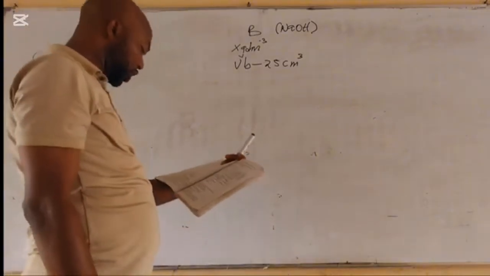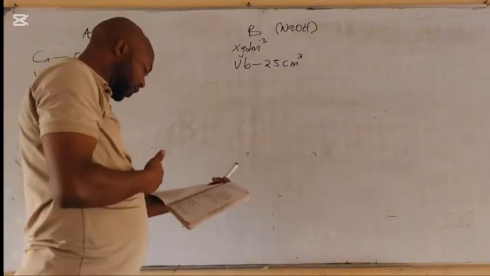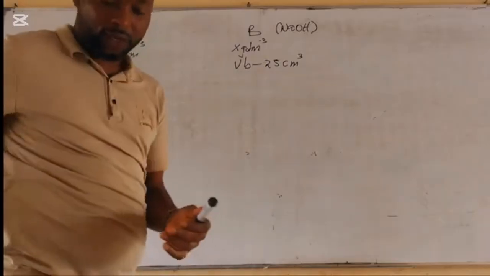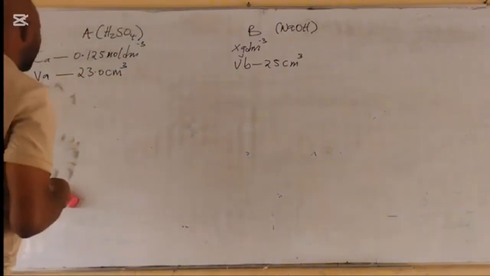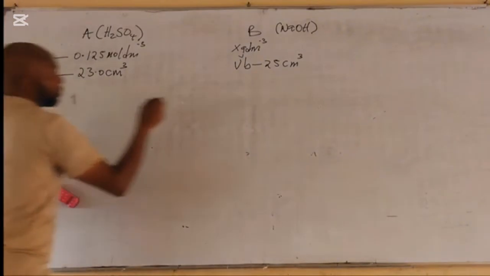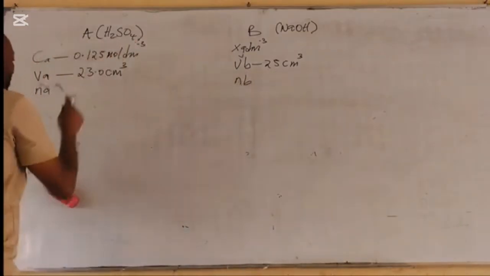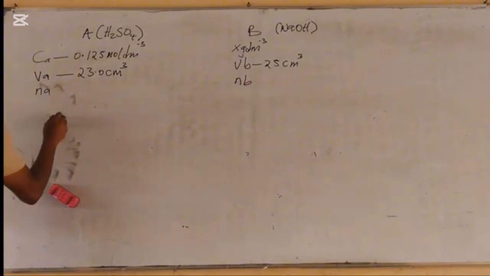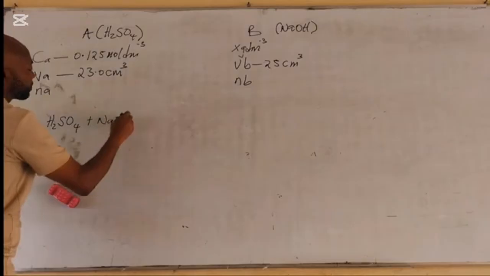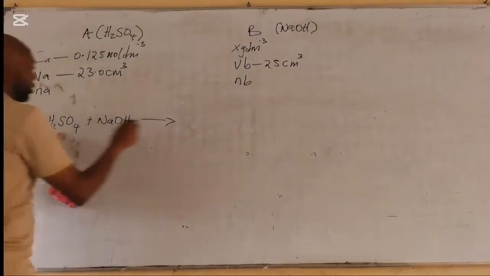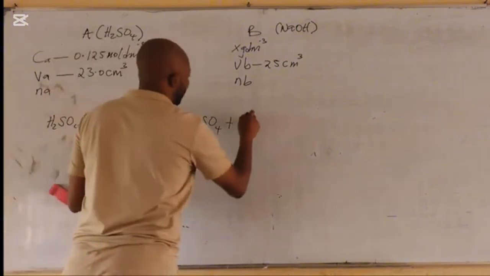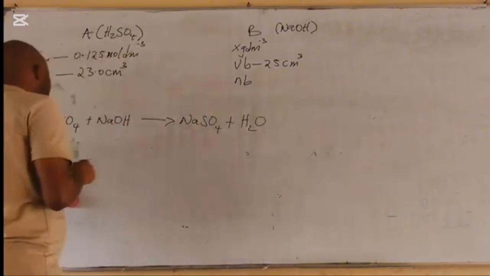Now, the equation for the reaction involved in the titration is given. So we should calculate the amount and all that. Let's get our equation of reaction so that we'll be able to know the number of moles of acid and the number of moles of base. My nA and my nB can be gotten from the equation of reaction, which is H2SO4 plus sodium hydroxide gives sodium sulfate plus water. We check if it is balanced.